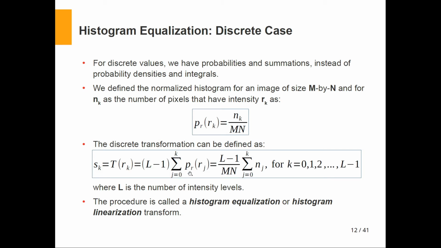And if I plug this function here, this is going to be simplified to this form, L minus 1 over m multiplied by n, and the summation of the number of pixels that happen to have a certain intensity. So this procedure is called the histogram equalization or histogram linearization transform. So let's just see how it works in practice.